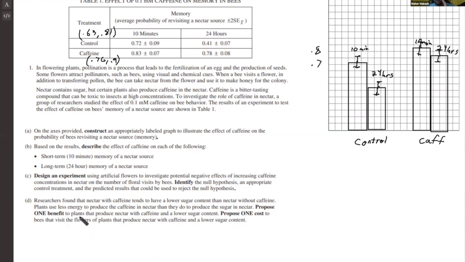Well, it's energetically favorable. They would need to consume less energy. Yeah, more pollen transfer, definitely another benefit. So good one there. A cost, well, they're getting less sugar every time the bees go in there.